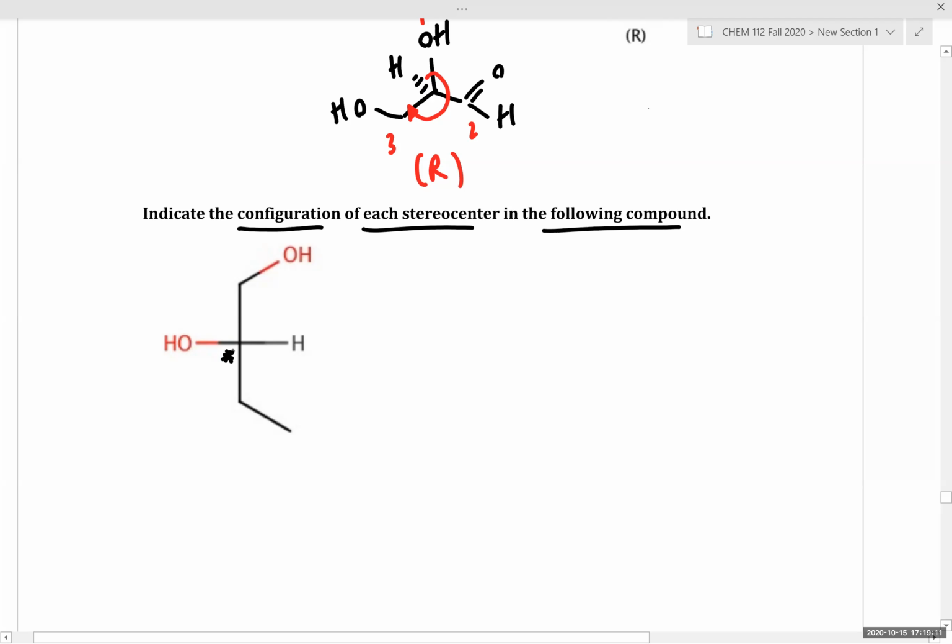You'll definitely need to make a model kit, and you're more than welcome to share your proposed redrawn structure using the annotate tool. I'd like to see from everyone a proposed stereochemical assignment as R or S for the following stereocenter in this molecule.